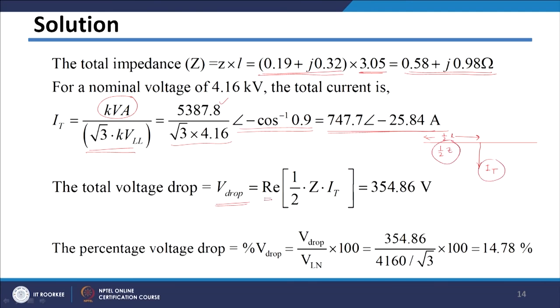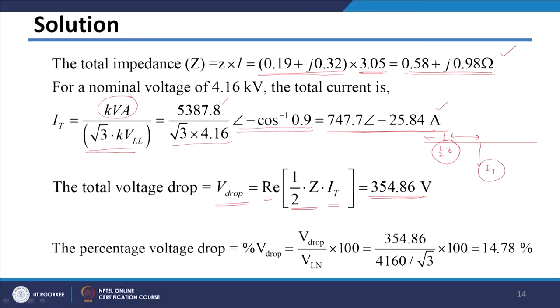So, real part of 1/2 Z, because we are lumping load at the middle, and then total current IT. We have calculated this impedance, we have calculated current. If you take the real part of this impedance multiplied by current, it will come 354.86 volts. So, this is voltage drop.